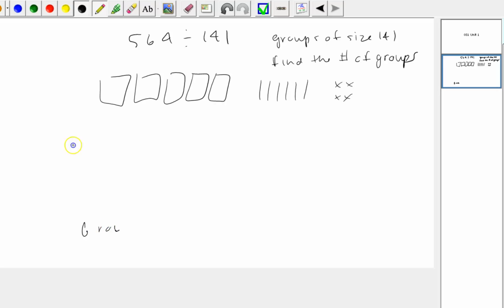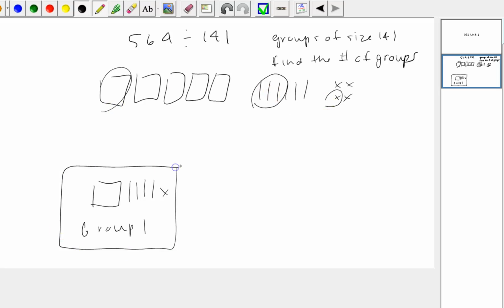So for group 1, they take 1 flat, 4 of these, and this. So again, it'd be good if they were clicking and dragging them and they were removed from this original spot. So now they've made one group, and there's no remainders yet.